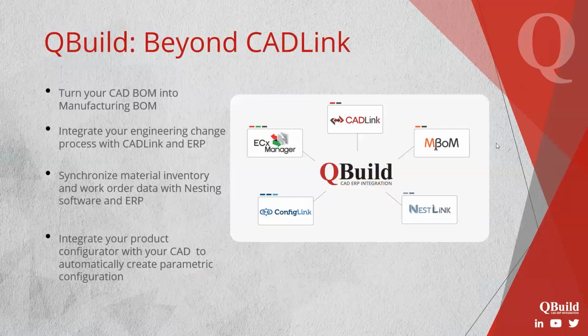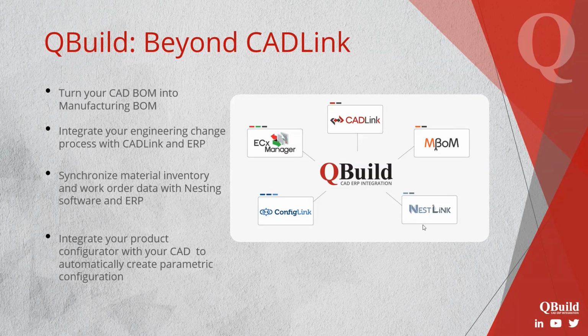Okay, so as promised, here are a few high-level points on some of the other solutions that we provide other than CADLink. On my right side, we have Embalm, which is a tool that allows you to manipulate an engineering bill of material into a manufacturing bill of material. On the left side, I have ECX Manager, which is a web-based system used to streamline and integrate engineering change processes with your ERP.